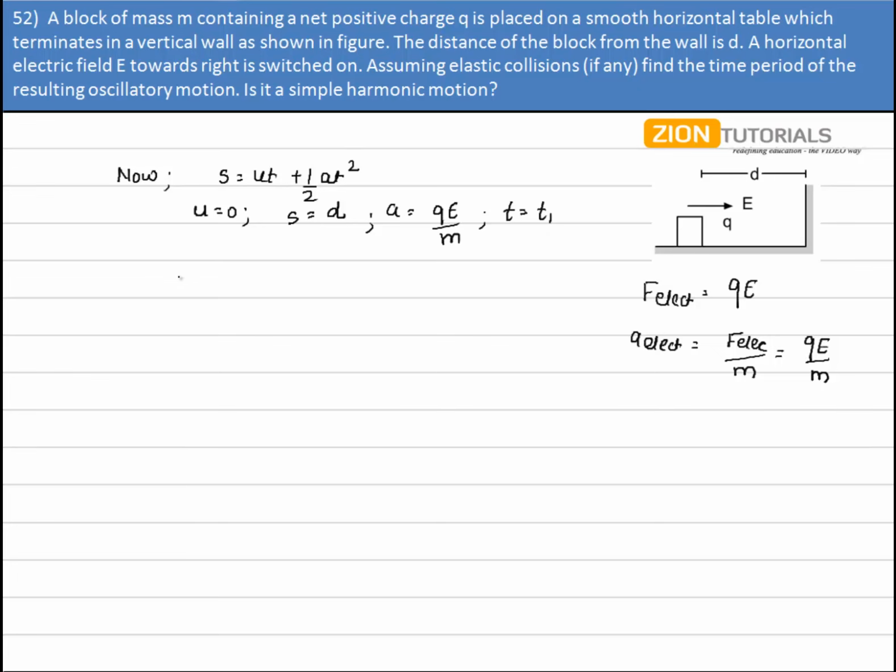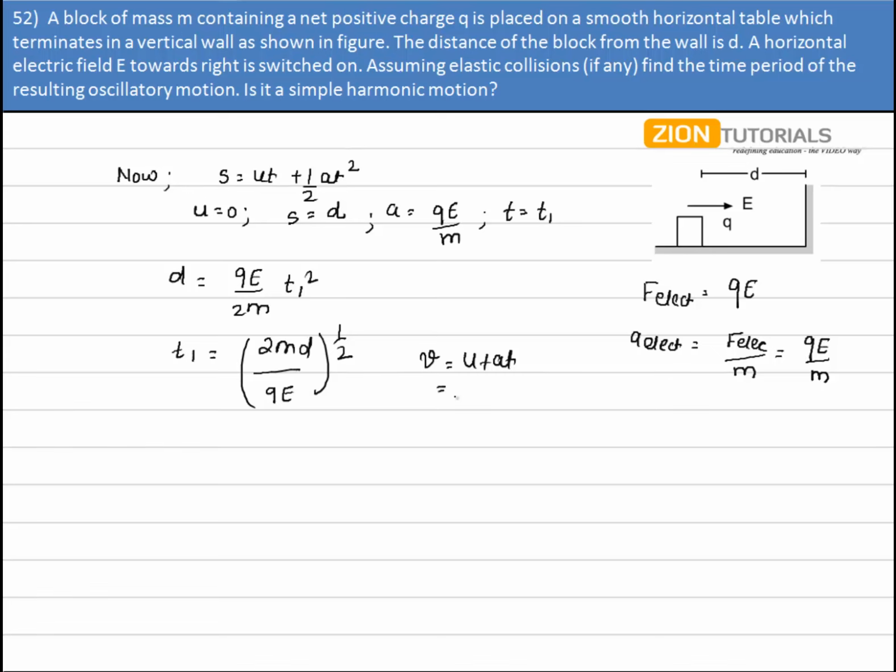So d = qE/2m × t1², so t1 comes out to be (2md/qE)^(1/2).